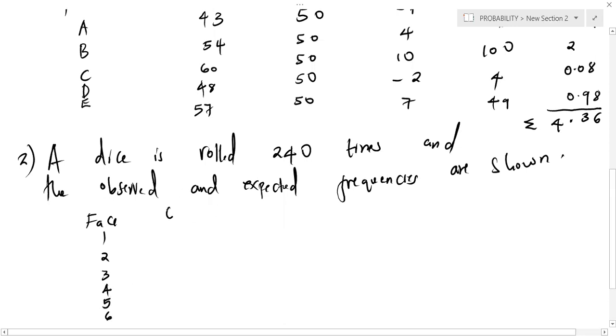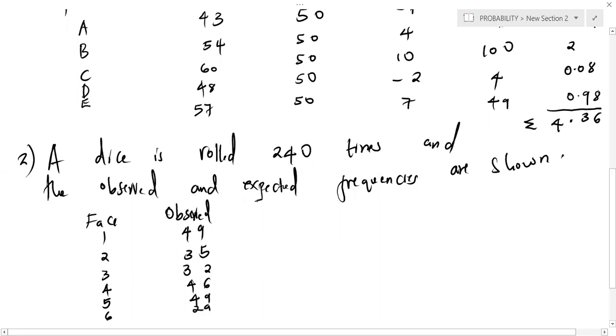Observed frequency: we have 49, 35, 32, 46, 49, and 29.